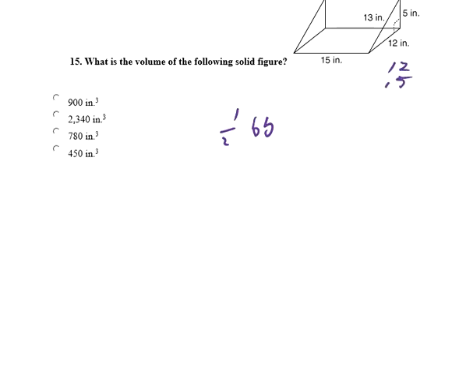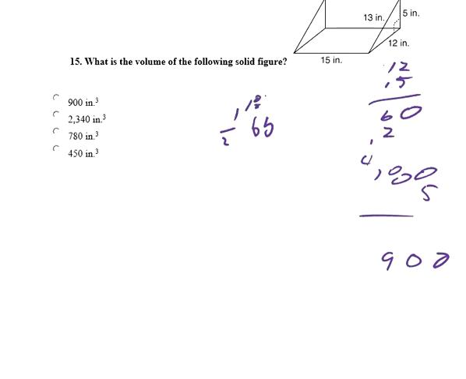Let me do it again, because my math. 0, 1, 6, 2, 1. 180. So 180 times 5 is 900. And then half of that, so 1/2 base, 180, height, 5. 1/2 times base times height is the volume of a triangular prism.